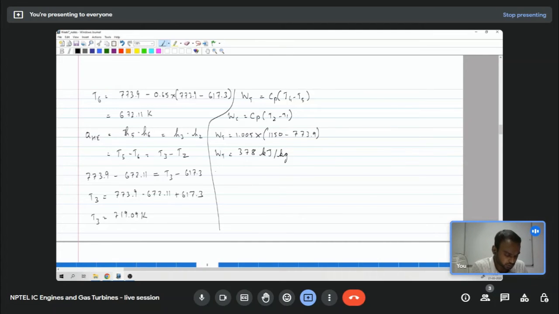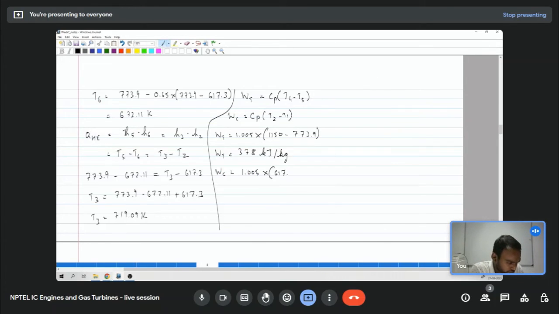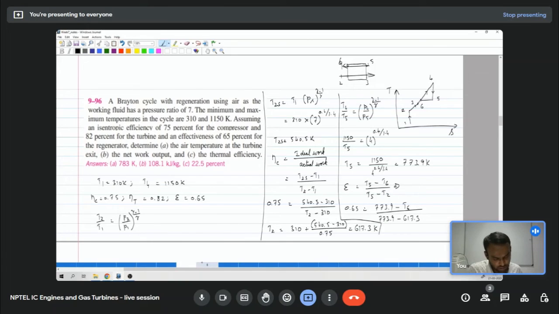This is turbine work. Similarly, compression work is Cp into T2 minus T1. So this is 1.005 into (617.3 minus T1), where T1 is given as 310 Kelvin.